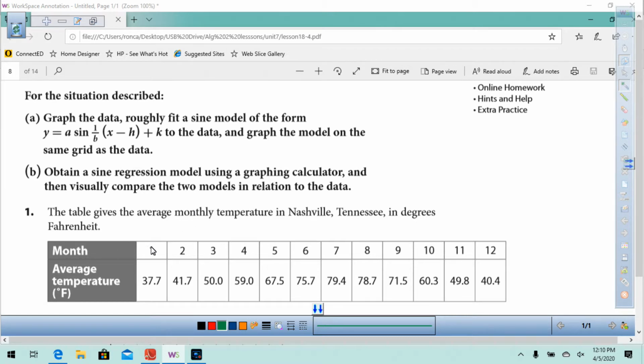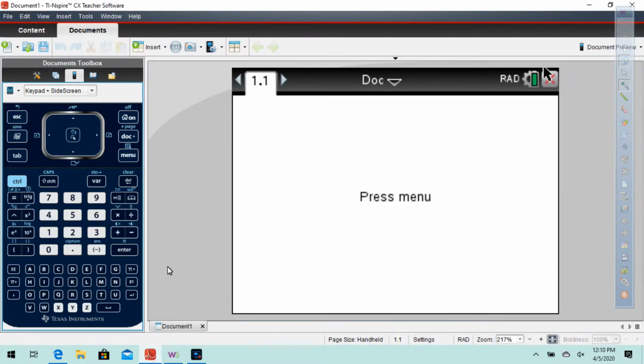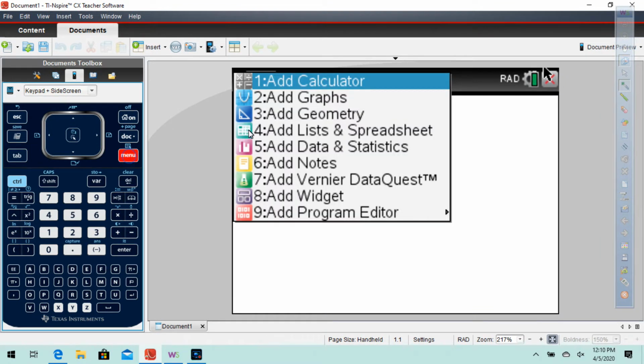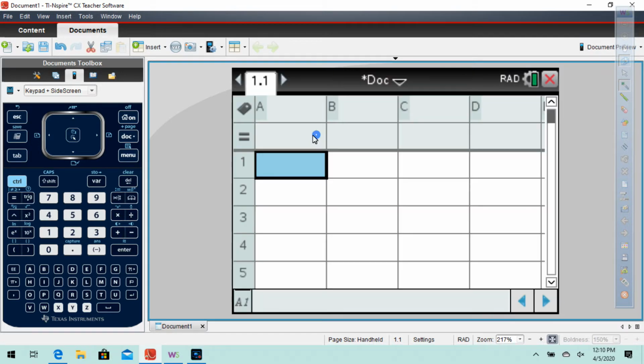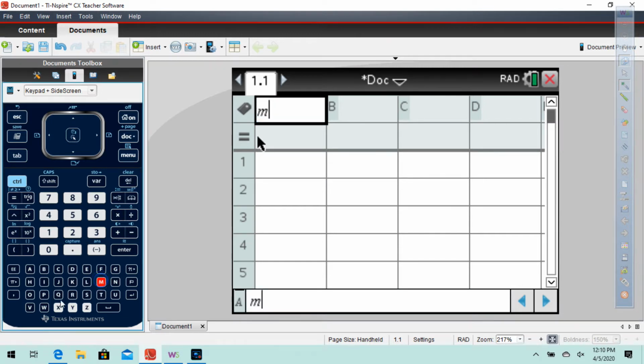So this is month 1, 2, 3, 4, and so on. So let's go to our calculator. We're going to go menu, add lists and spreadsheets. Here I'm just going to put month, M-O-N-T-H.